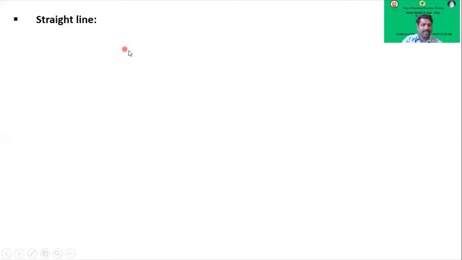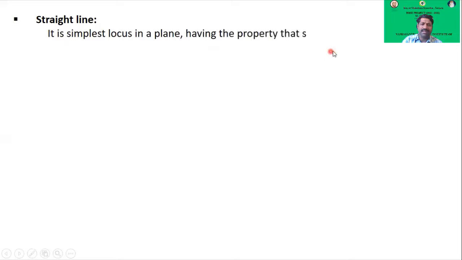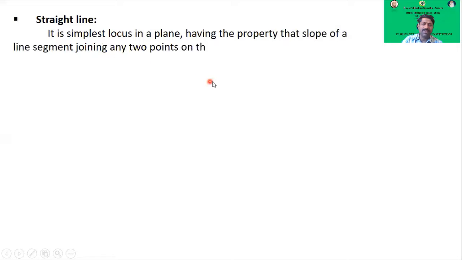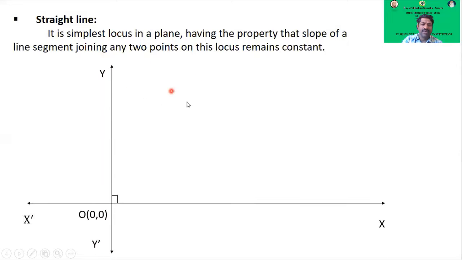Now straight line. A straight line is the simplest locus in a plane having the property that the slope of the line segment joining any 2 points on this locus remains constant. We can see this using the figure. This is the line.